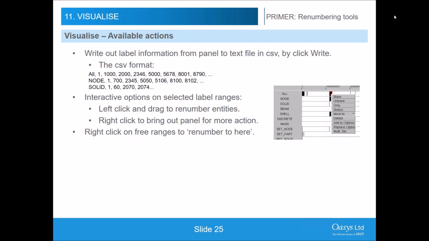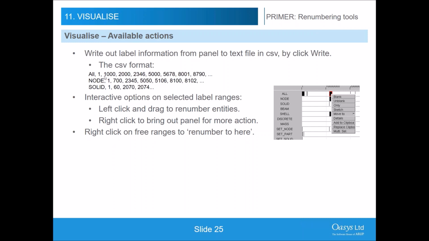So what else can you do? You can ask Primer to write out what you're seeing on the screen, and you can produce that as a CSV. On the top right there's a write button, and the format would be, as you can see, what the entity is, and the way it ranges is in pairs.